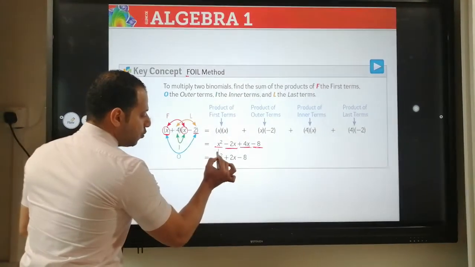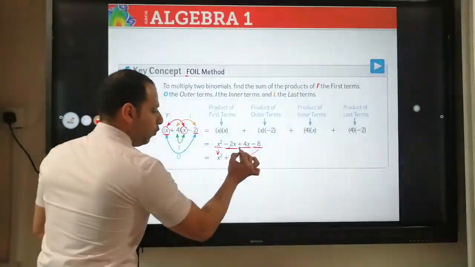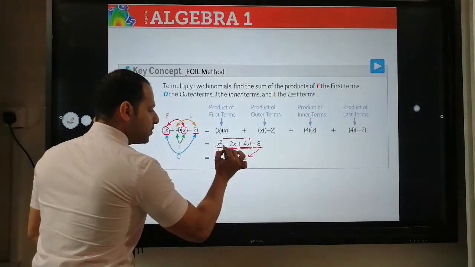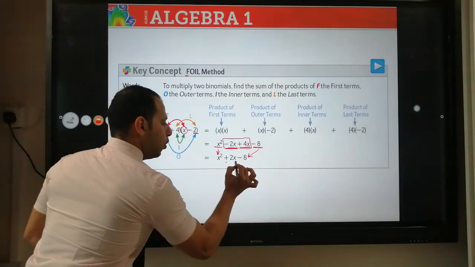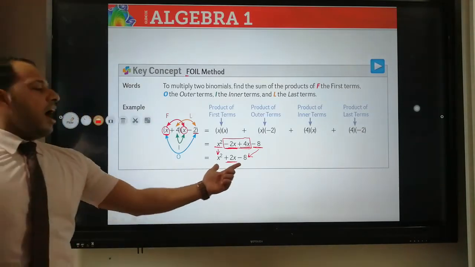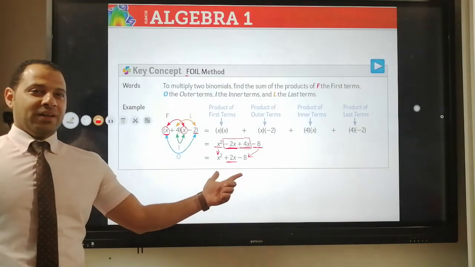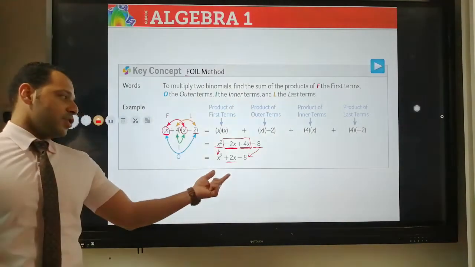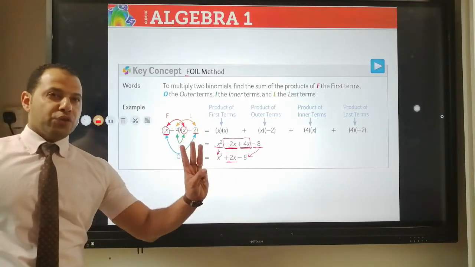I write x squared as it is and negative 8 as it is. Excellent, you now have a trinomial. X squared plus 2x minus 8 is a trinomial, consisting of three terms.